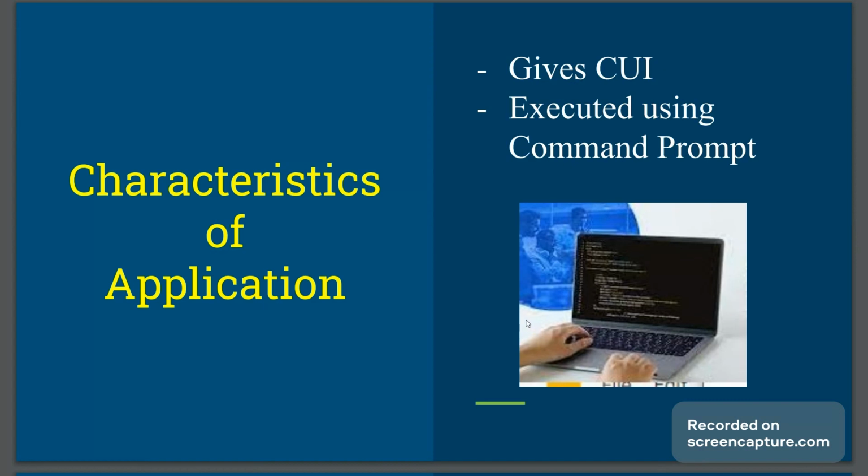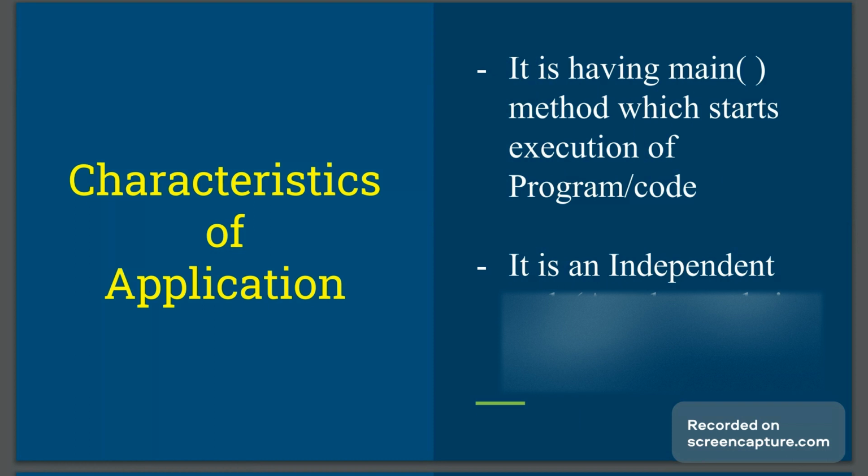We have seen that Java application programs give us the CUI, that is command line user interface. Application programs are executed using the command prompt. And we know that in a Java application program, we have the main method, public static void main, which starts the execution of our program. Main is the first method in the Java code that runs when we execute the program.